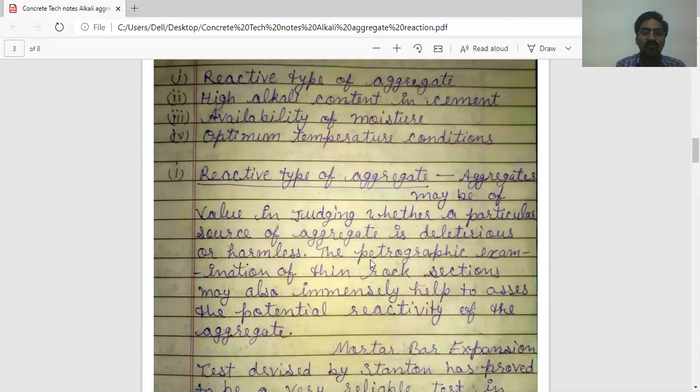Aggregates may be of value in judging whether a particular source of aggregate is deleterious or harmful. The petrographic examination of thin rock sections may also immensely help to assess the potential reactivity of the aggregate.